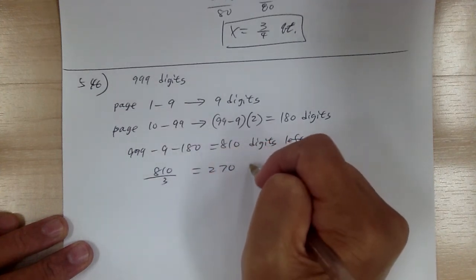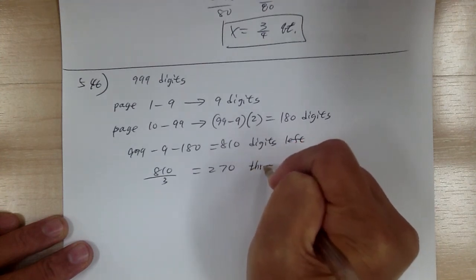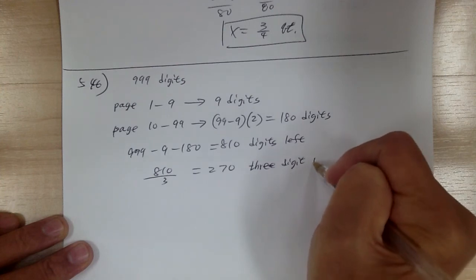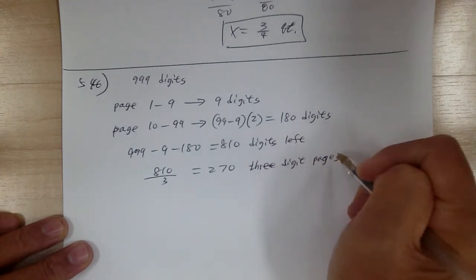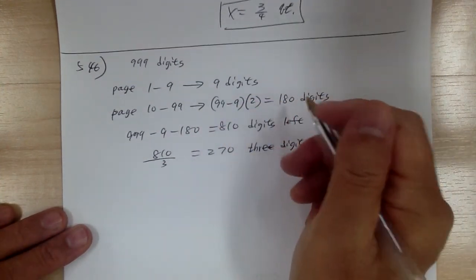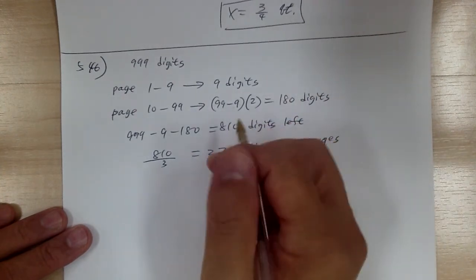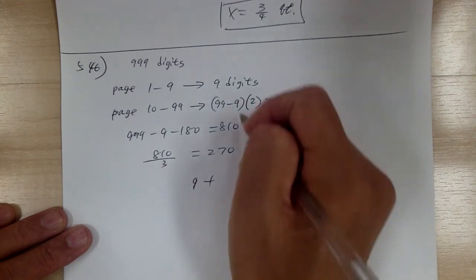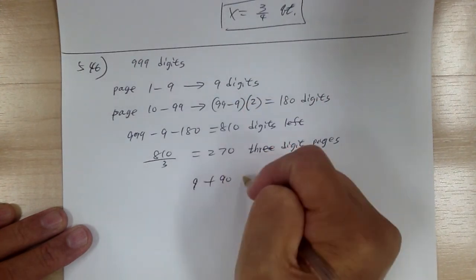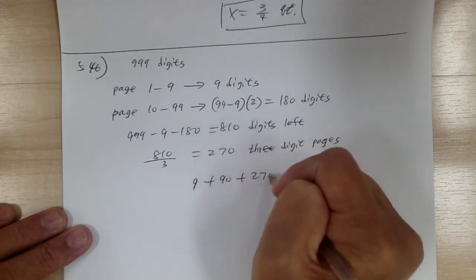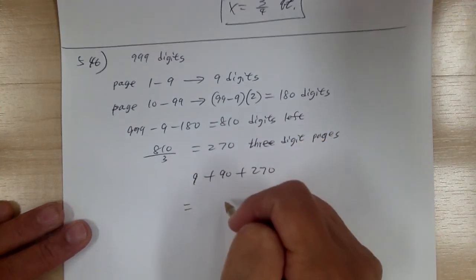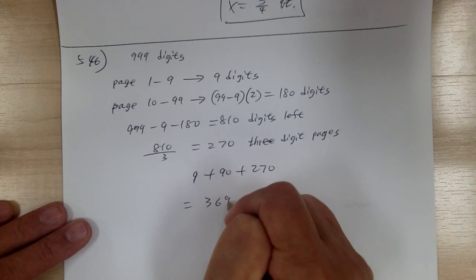So there are 270 3-digit pages. The total number of pages would be 9 for the single digit plus 90 for the double digit plus 270 for the triple digit, and this will equal 369 pages.